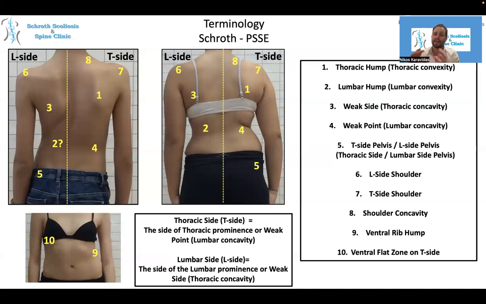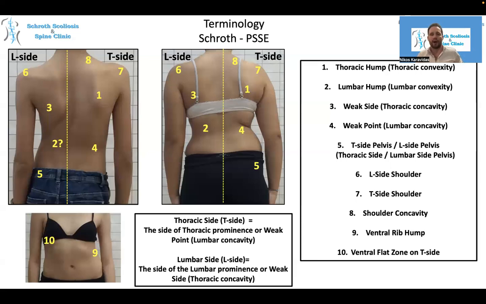because we can have a possibility to have a ventral flat zone on the L side, and this is mainly related to thoracolumbar curves, mostly when the apex is T12. It also can happen when the apex of the thoracolumbar curve is L1, and you have the curve go too much high in the lower thoracic region.